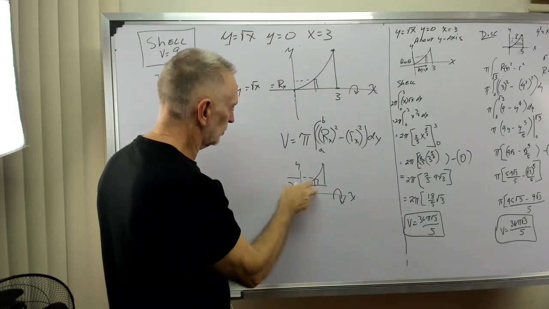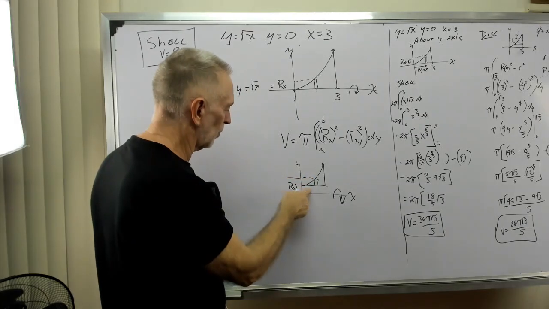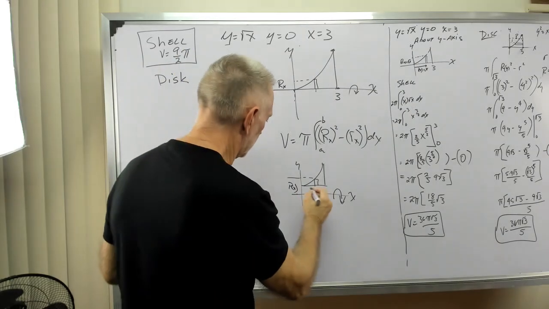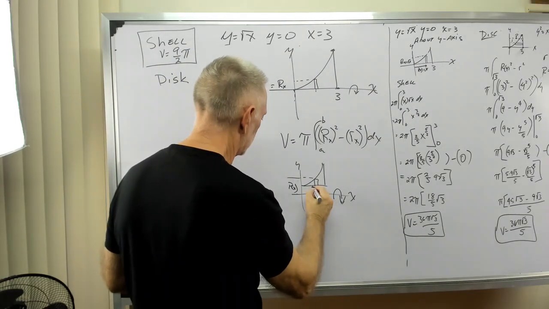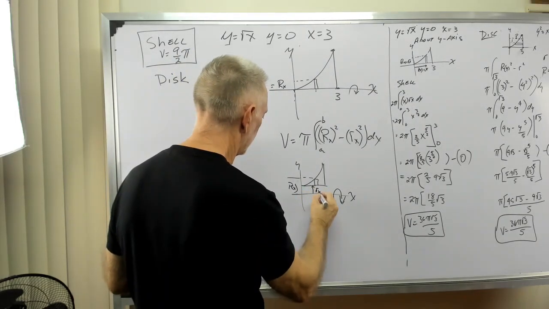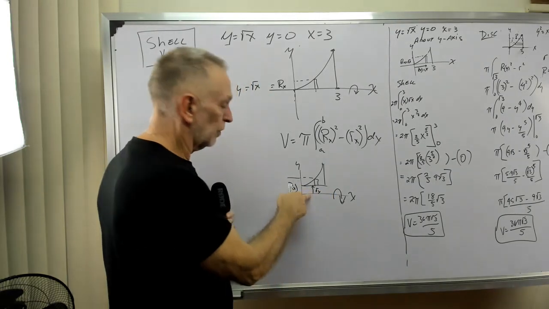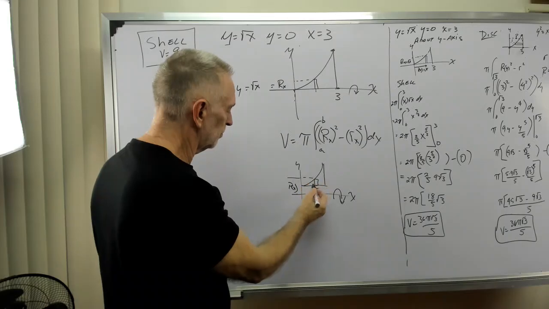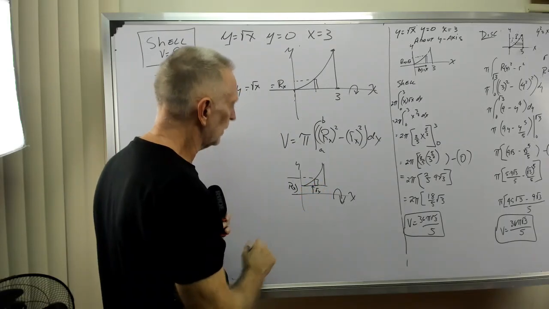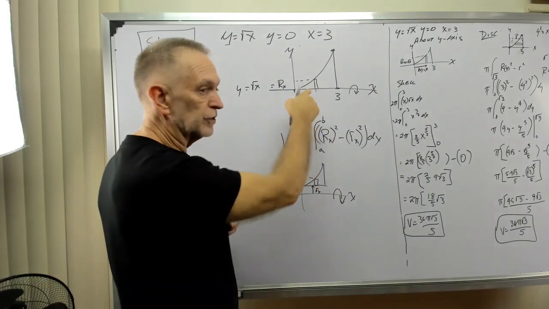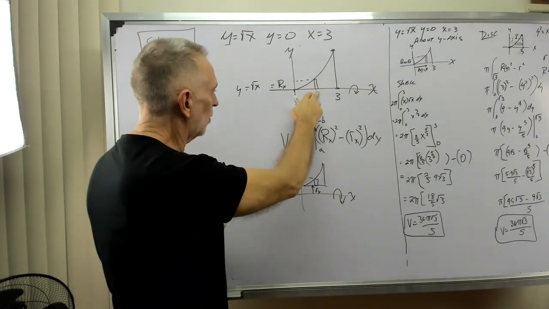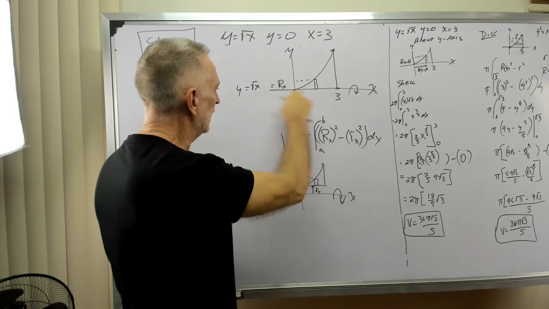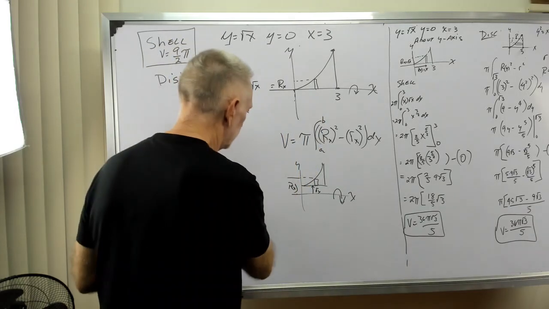It's not just the y value anymore. I'd have to account for that space. But then the inner radius is this distance here, the distance from the axis of rotation up to the bottom of my differential rectangle. You'll notice in this function, the little r of x, the inner radius, is 0. I only have this function.